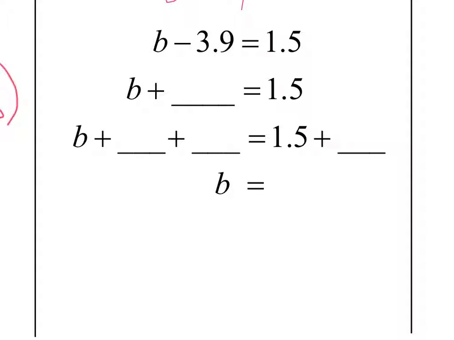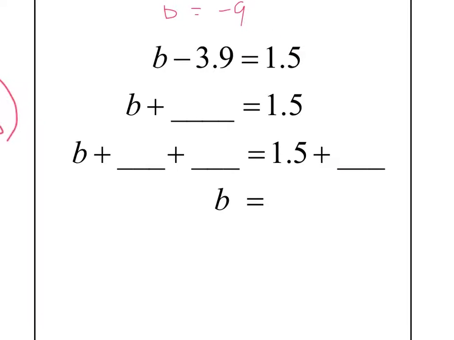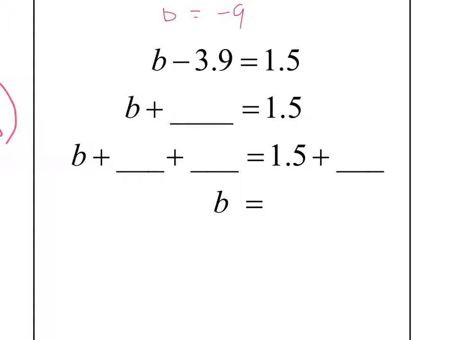All right, looking at this next one. What is my inverse operation for this one? Callie. Adding a positive 3.9 to both sides. Good. I didn't catch Callie off guard.